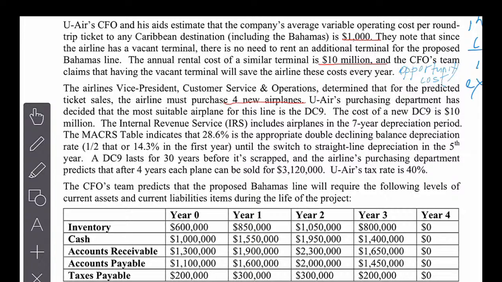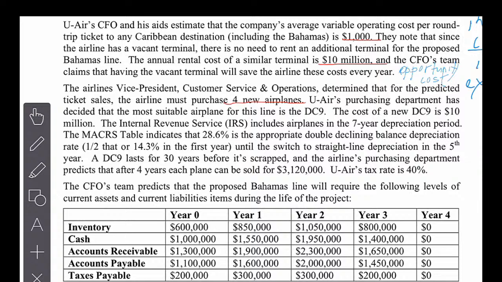So we want to account for the purchase of the plane, the depreciation that we can claim. Although depreciation isn't a cash flow, tax savings result from being able to depreciate. So that is a cash flow that we have to include.